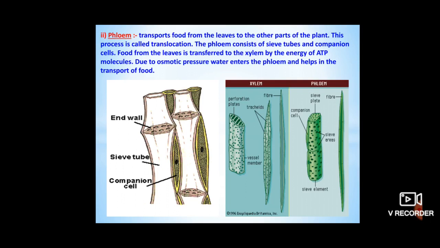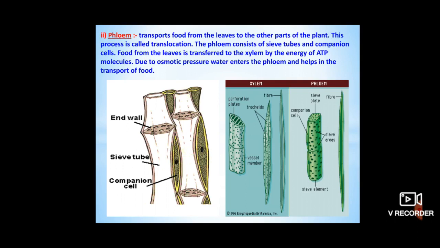Transpiration is the process of removal of excess water in the form of water vapors. Translocation means the process of transport of food from the leaf to other parts of the plant.